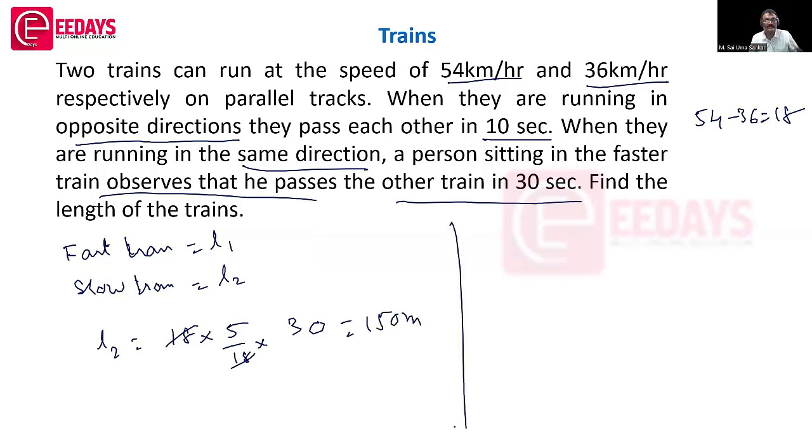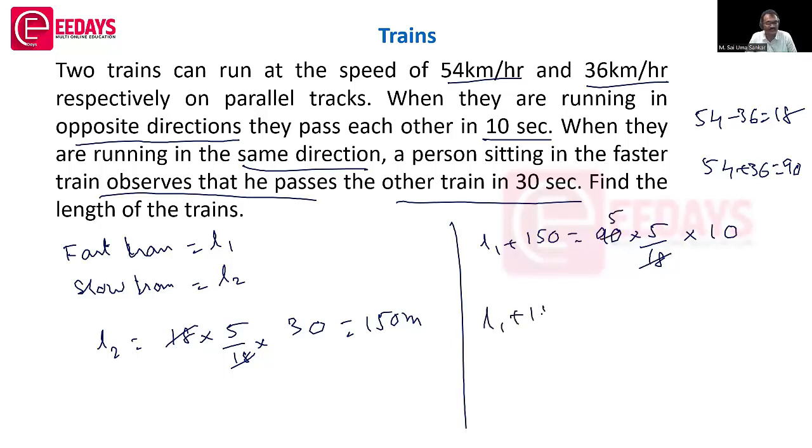L2 came. Now L1 plus L2, 150, is equal to, here they said cross each other, so both are in opposite directions, so we have 54 plus 36. That is equal to how much? 90, right? 90 into 5 by 18. Why 5 by 18? We have to convert to meters per second. Next, into how many seconds? That is 10 seconds, and this is equal to 5. So L1 plus 150 is equal to 25 into 10, which is 250. So what is L1?